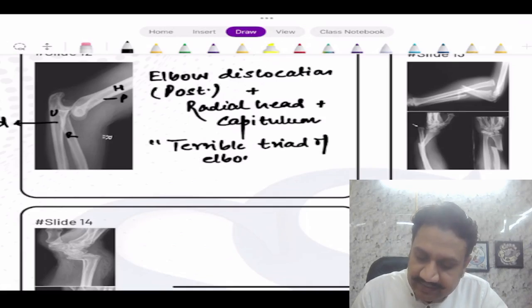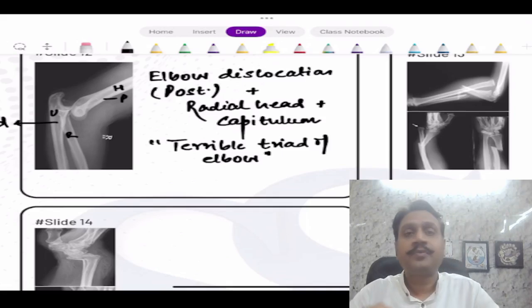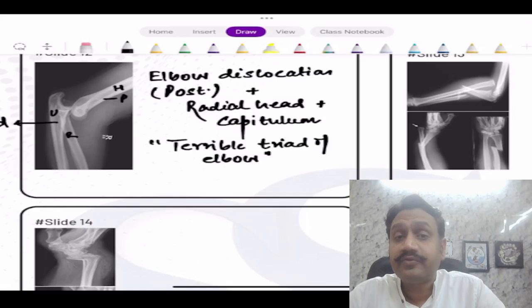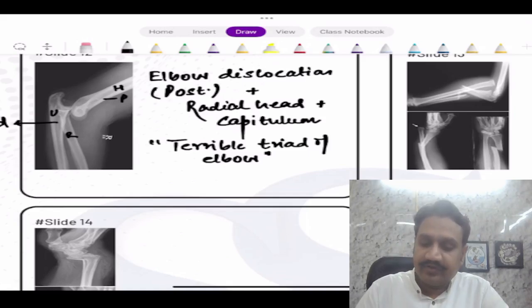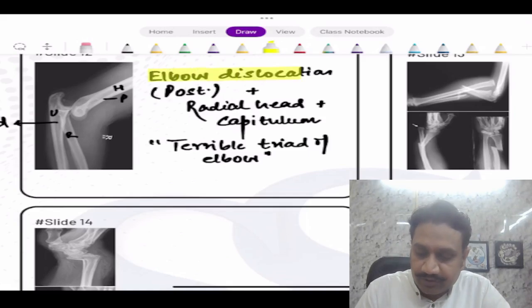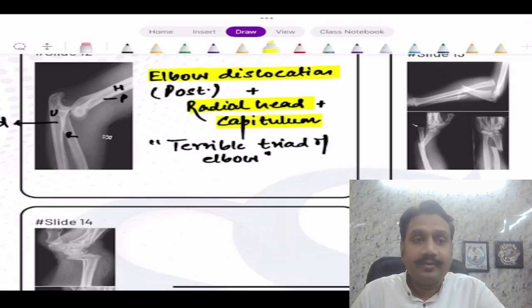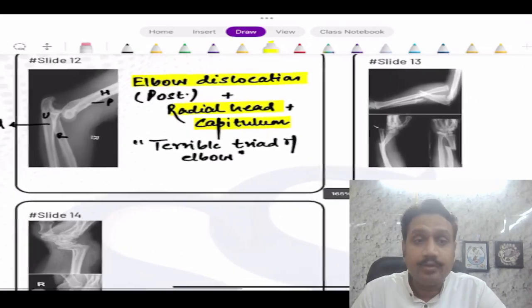In a recent year examination, there has been a question on the terrible triad of the knee, and this one is the terrible triad of the elbow. The triad is because of three things here: elbow dislocation, radial head injury, and the capitulum, right?